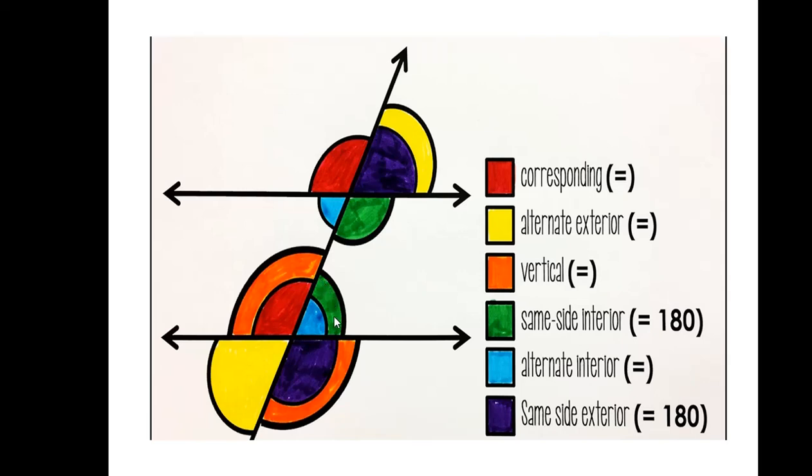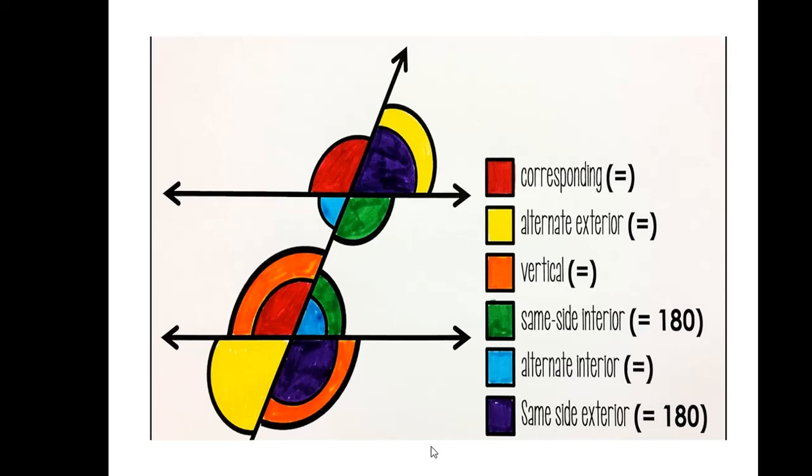If you add this green color angle and this green color angle, the sum will be equal to 180 degrees. These two are supplementary angles.